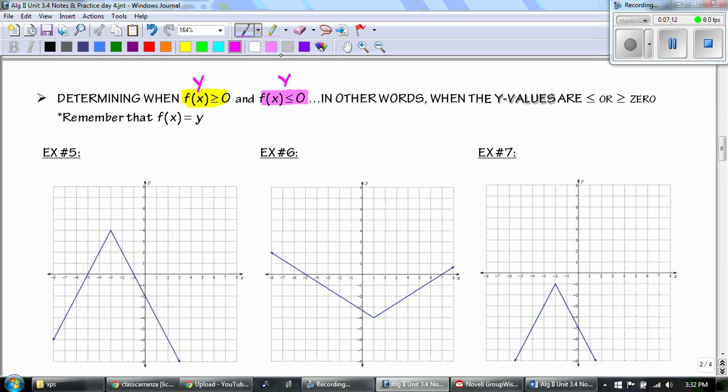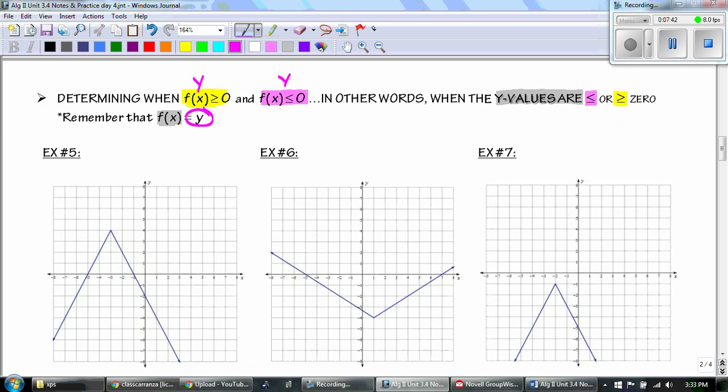So we're going to color code this together. When are the y values less than 0, and when are the y values greater than 0? Because whenever they mention f of x, they're really talking about the y.